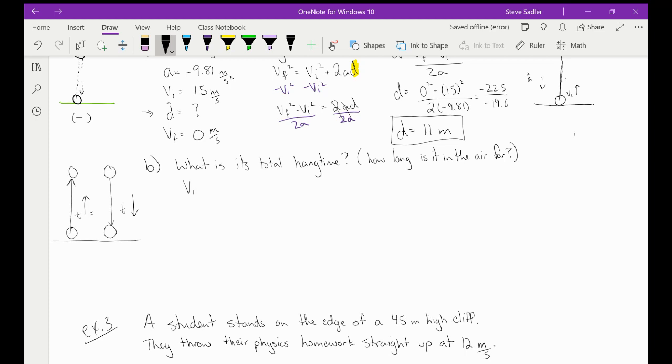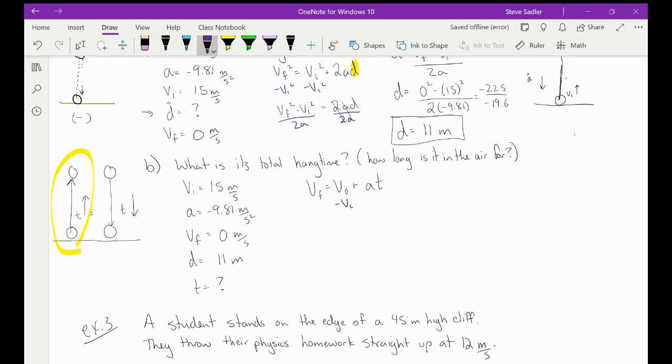So we know the initial velocity is 15. We know acceleration is negative 9.81. We know v final because we're just looking at the first half of the problem, so v final is going to be 0 meters per second. And we know displacement now is 11 meters, and we're looking for time. In this case, we can use v final is equal to v initial plus at, and we can solve for t.